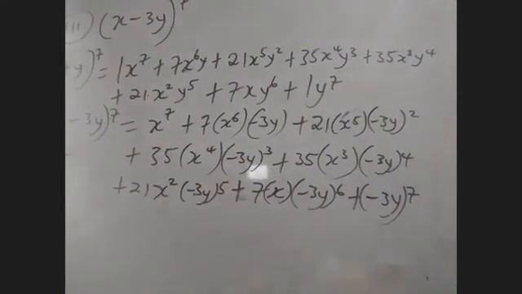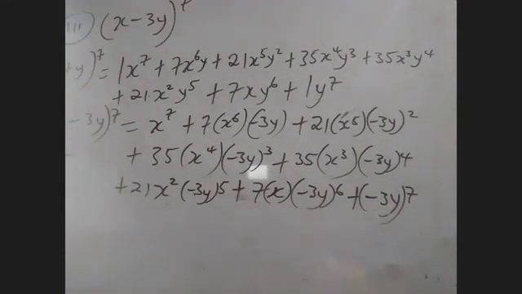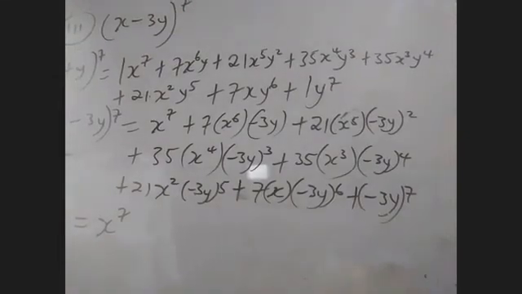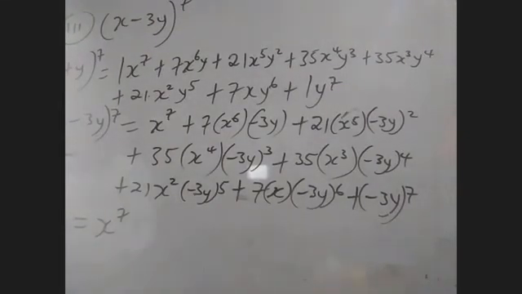And if we simplify that, we have s^7, then minus 3 times 7, that will give us minus 21s^6 y.